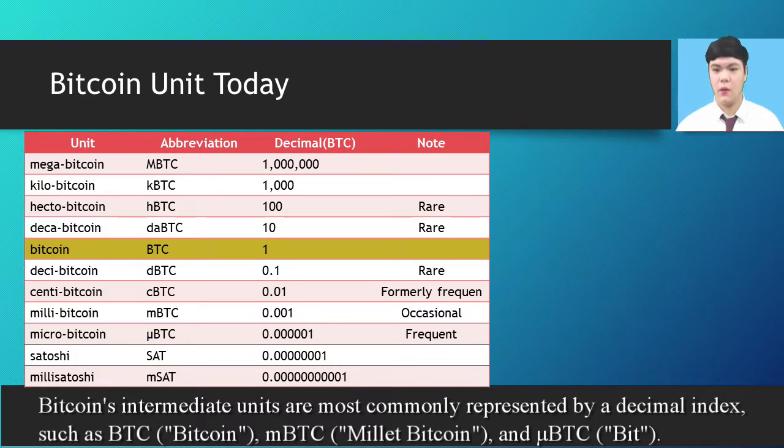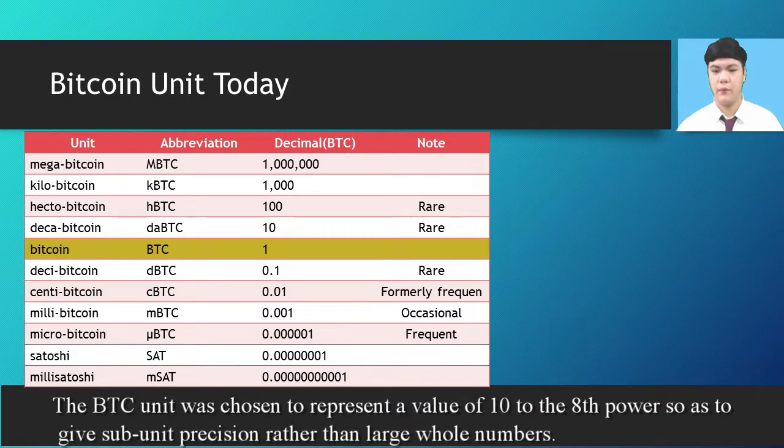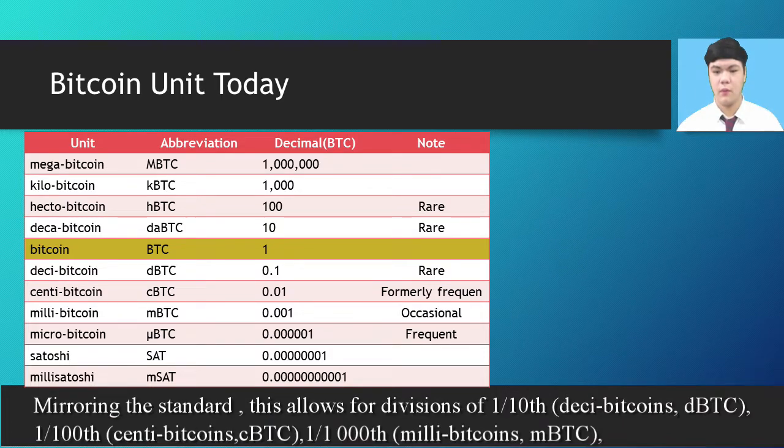Bitcoin's intermediate units are most commonly represented by a decimal index, such as Bitcoin, millibitcoin, and microbitcoin. The BTC unit was chosen to represent a value of 10 to the 8th power so as to give subunits precision rather than large whole numbers.